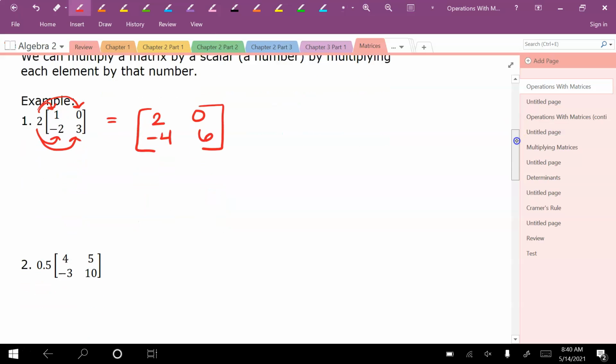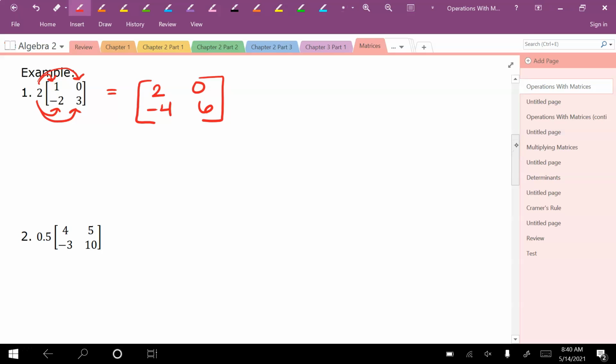So I want you to try the second one there. Multiply all of those things by a half, and it's okay if you get decimals.